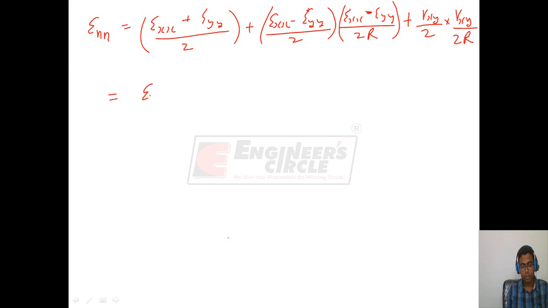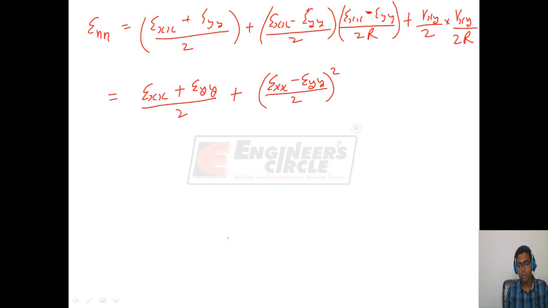Simplifying, we get (epsilon xx plus epsilon yy) by 2 plus [((epsilon xx minus epsilon yy) by 2) whole square plus (gamma xy by 2) whole square] divided by r.